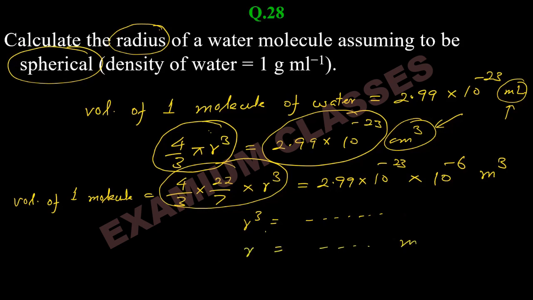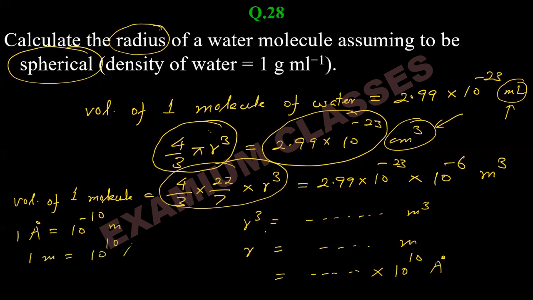These many meters. And then you will multiply that by 10 to the power 10 to get angstrom. Remember, I am multiplying by 10 power 10, not 10 power minus 10, because 1 angstrom is equal to 10 to the power minus 10 meter. 1 meter is equal to 10 to the power 10 angstrom. Angstrom is a very small unit, so there will be a lot of angstroms in 1 meter.